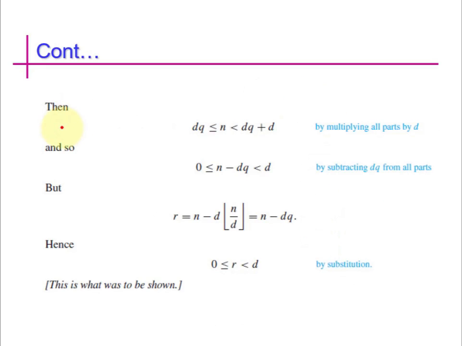Now we multiply this inequality by d, and we get dq, since d cancels with the d here, and dq plus d.